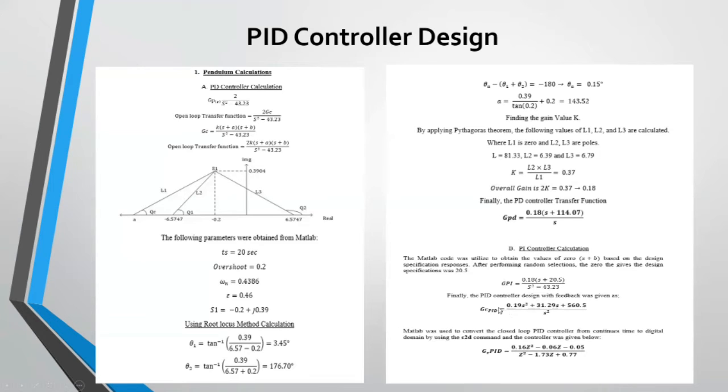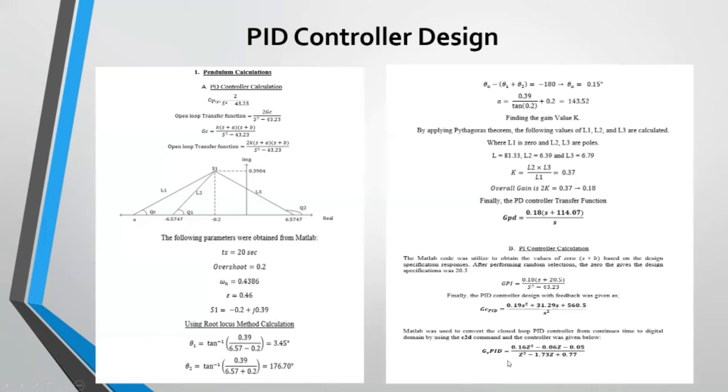The PID controller in the S domain is given as 0.19 S squared plus 31.29 S plus 560.5 over S squared. After that, with the help of MATLAB, we convert the Laplace domain, which is the S domain or continuous domain, to the digital domain by using the c2d function.